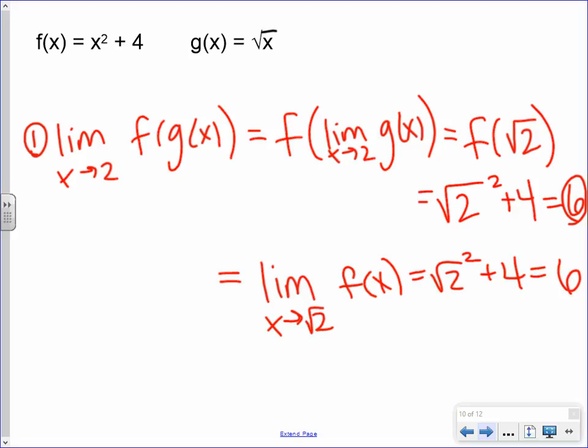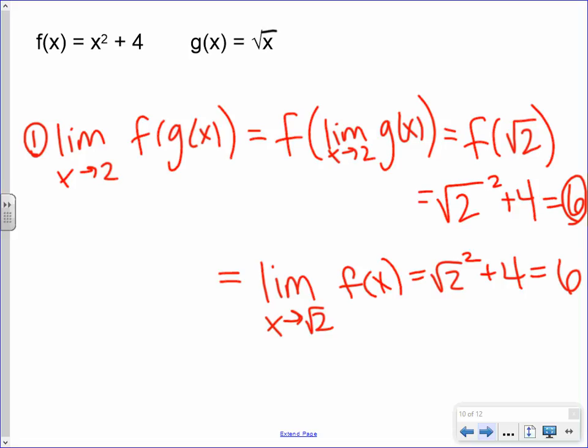Okay? This probably takes less writing. I don't care which way you do it, but I do want to see your thought process through your work. Okay? So you can either evaluate the inside limit and then plug it into the function, or you can evaluate the inside limit and then take a second limit. Either way, we're going to get there the same way.